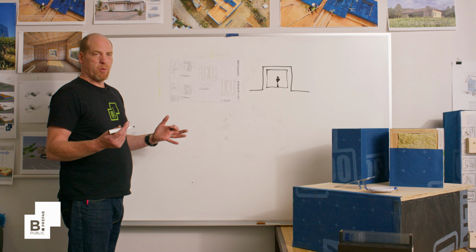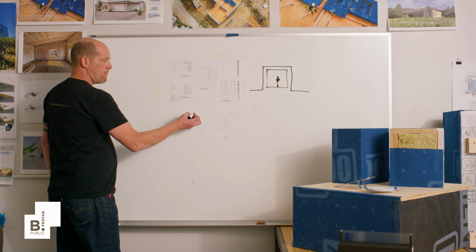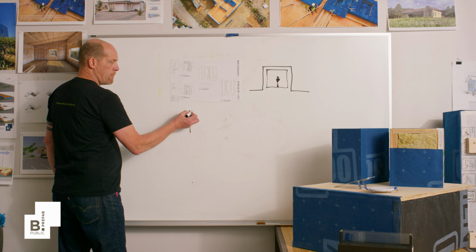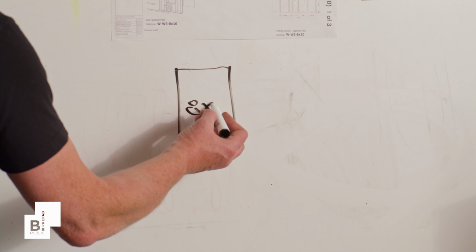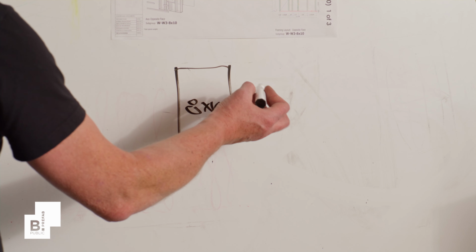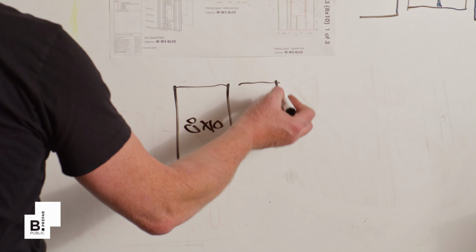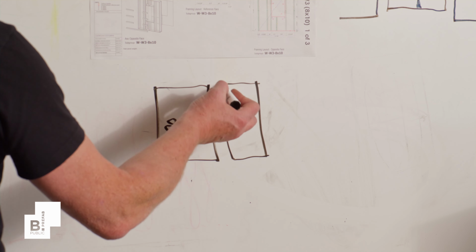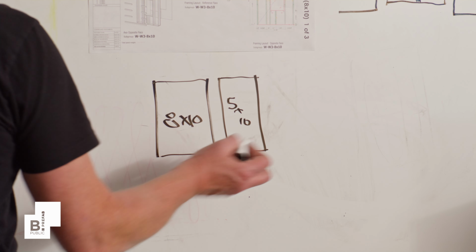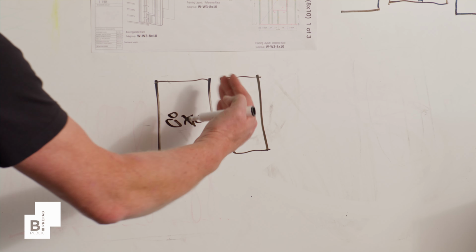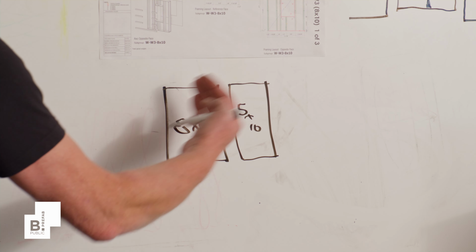And so the most simple version of a custom component would be, say, if this is our standard 8x10, that we have a panel that needs to be, say, 5x10. So you can see in our framing layouts or something like that, it would be fairly simple.